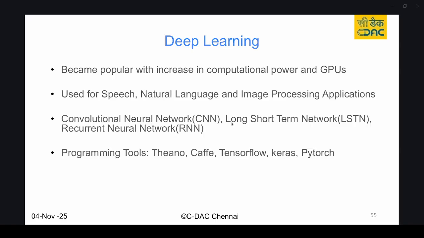For natural language processing and speech recognition problems, we use long short-term memory networks or recurrent neural networks. Programming tools like Theano, Caffe, TensorFlow, Keras, PyTorch were used to build these neural networks. You don't have to write all the mathematical equations; these tools support frameworks to build each neuron much easier than writing the entire mathematical equations associated with the multiplications.